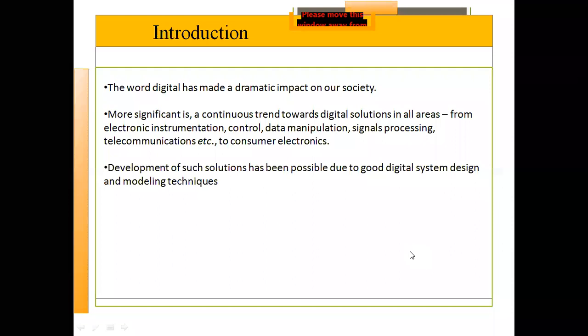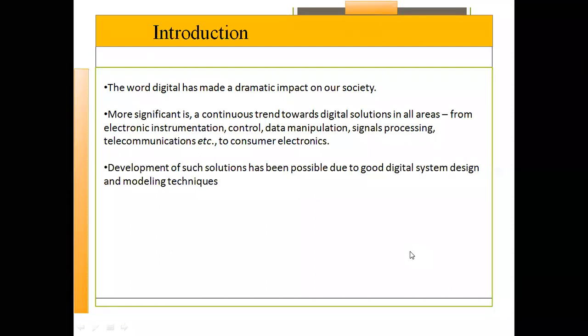Almost all the tools, all machines, even data manipulation, signal processing or telecommunications, everything is done in digital only. Digital in the sense here, the data will be in the form of either zeros or ones.